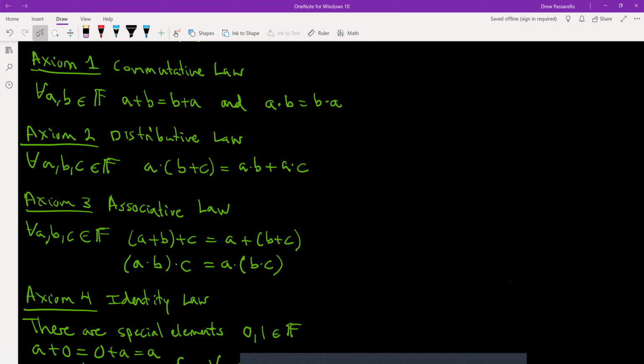And again, the upside down A means for all, which in set theory and proof-based courses you should already know. And this other one is going to be there exists.